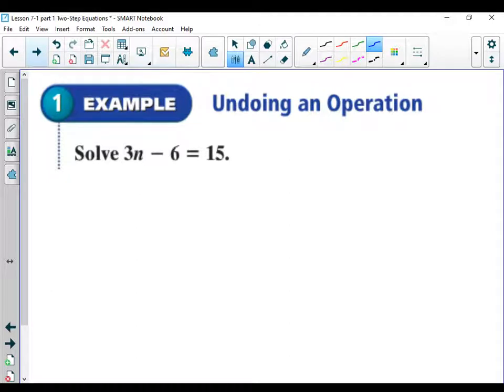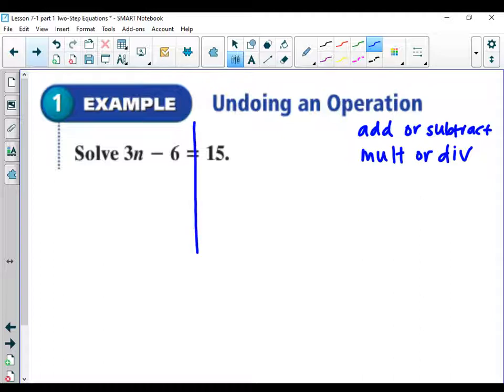So here's my first one. I'm always going to go in this order. Add or subtract is the first thing. So when I see 3n minus 6, I need to undo adding or subtracting.